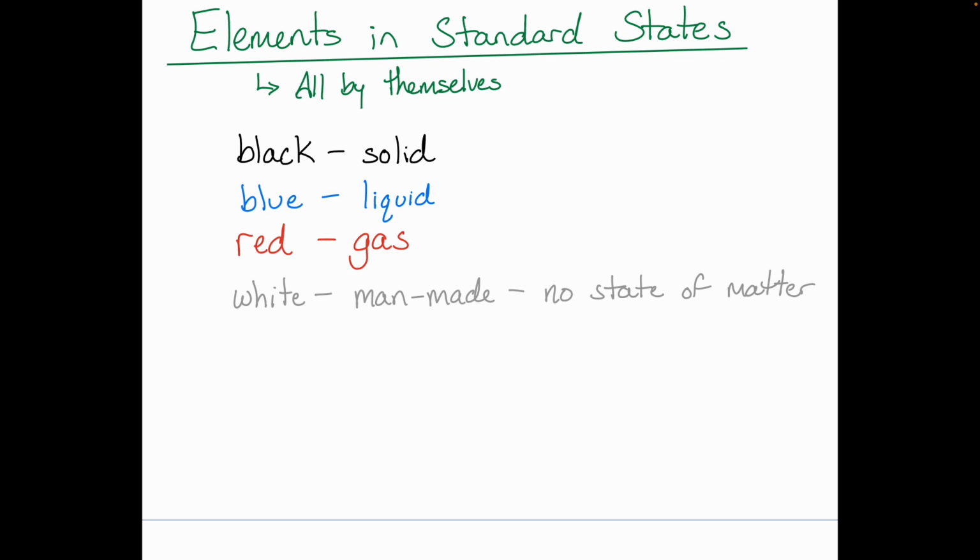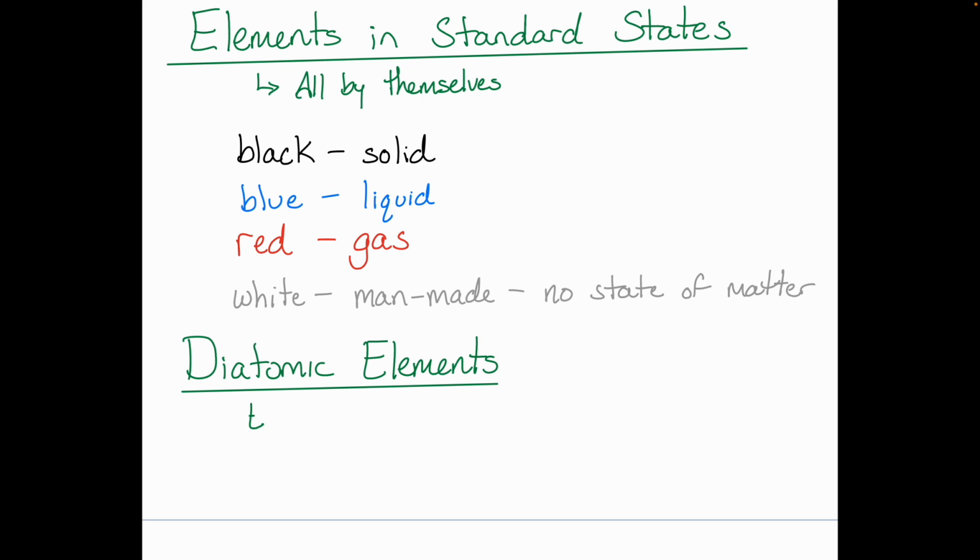The other thing we have to consider is that some elements are what are called diatomic elements. Our diatomic elements are elements that are always found in pairs. So there's no such thing as a single oxygen atom floating around all by itself. There are always two oxygens bound to one another. When you say oxygen, everybody knows you're talking about O2 because oxygen is one of these diatomic elements.